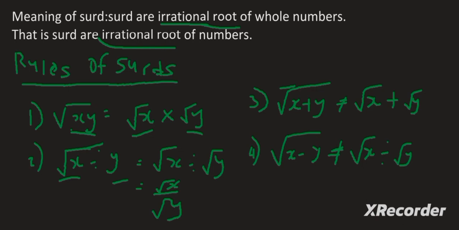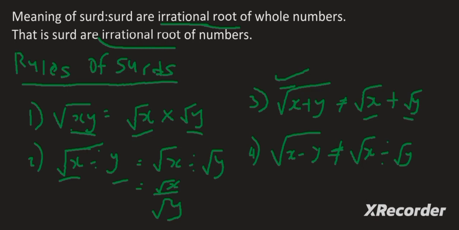The third part is different, for addition and subtraction. For addition and subtraction, I can't take the root of each term separately and add them. That's why the root of x plus y together is not equal to the root of x separately plus the root of y separately. This sign here means not equal to.